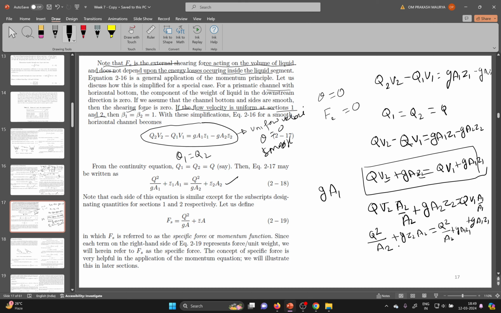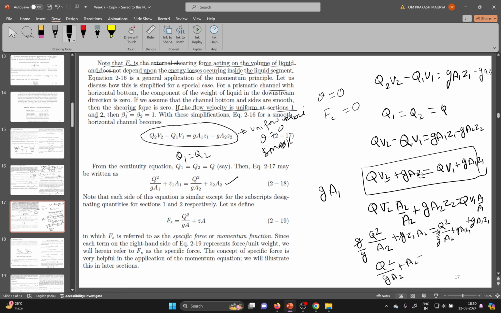So here if we multiply by g throughout, what you will get, g by g, here also g by g. So if we take the common g from both sides, this will be automatically gone.